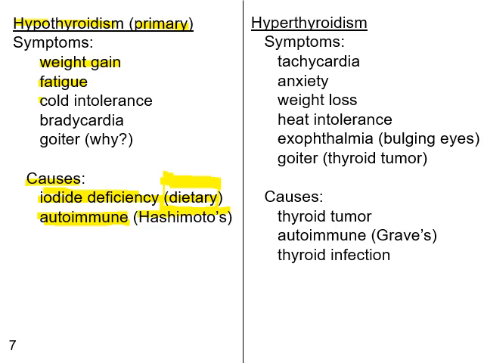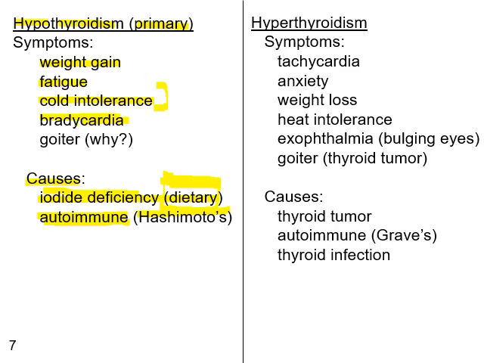Remember that thyroid hormone sustains ATPase activity and the somatic, the cellular production of heat. And so people who are hypothyroid generally are intolerant to cold temperatures. They're the people who are wrapped up inside in sweaters and scarves and things because their body is not producing enough heat. Bradycardia. Brady means slow, cardia means heart. So a slow heart rate is often a symptom of primary hypothyroidism.